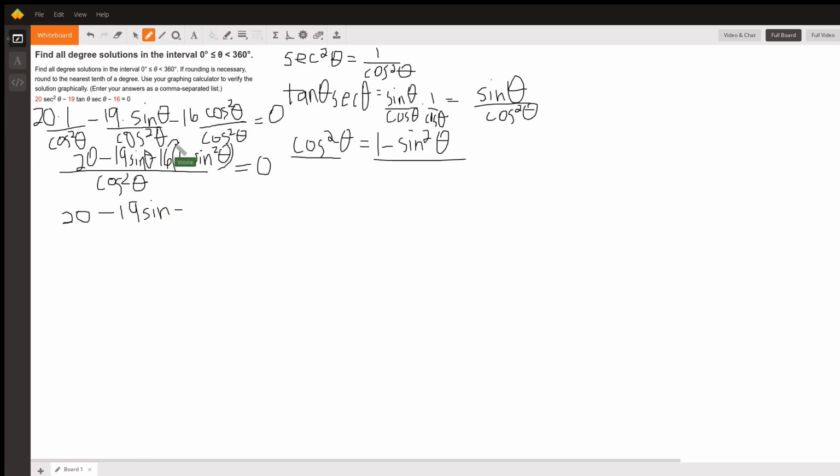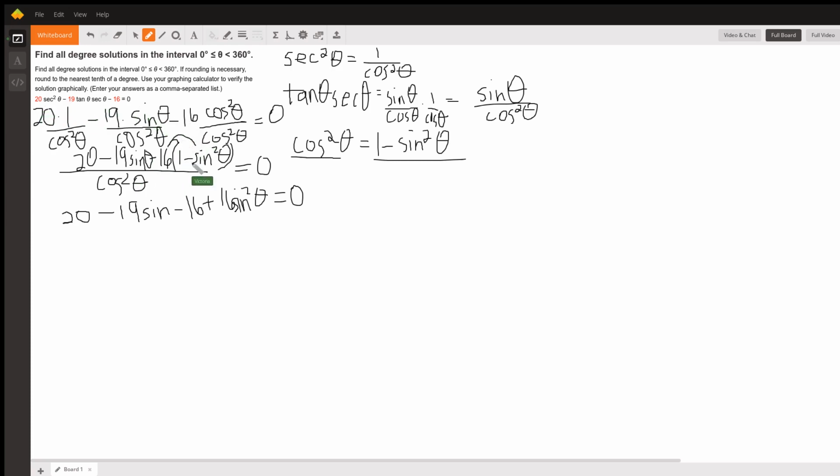Minus, now if I distribute the 16 in, I get minus 16, but plus 16 sine squared theta.